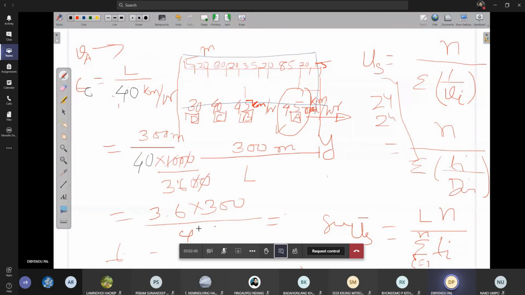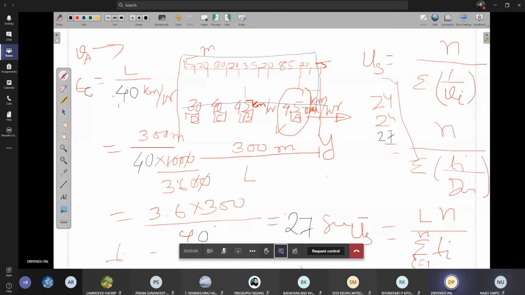So make it 40 here. How much? 3.6 into 300 divided by 40. How much time is it giving? 27 seconds.